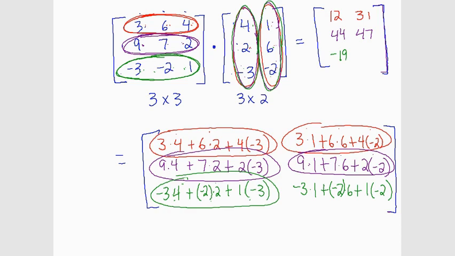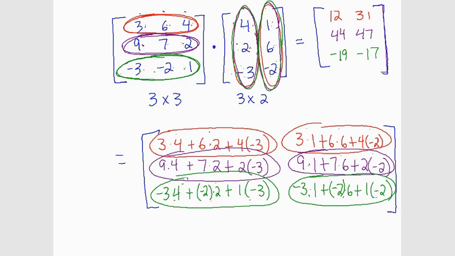And then we've got this last one. Negative 3 plus negative 12, that's negative 15, plus a negative 2 is negative 17. Okay, so that's the algorithm.